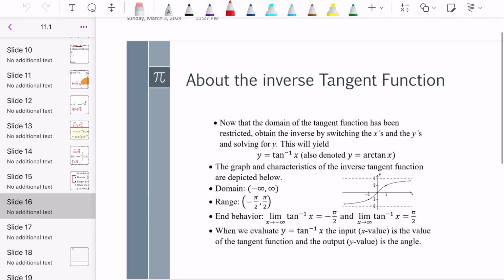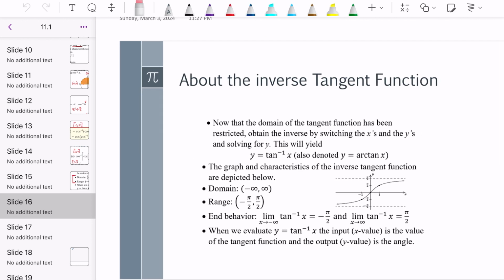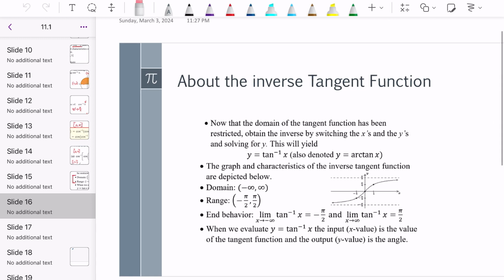In our inverse tangent, it is extremely similar because the domain and the range flip, and now the inverse position would be taken. Once again, arctan is the same as the inverse of tangent.